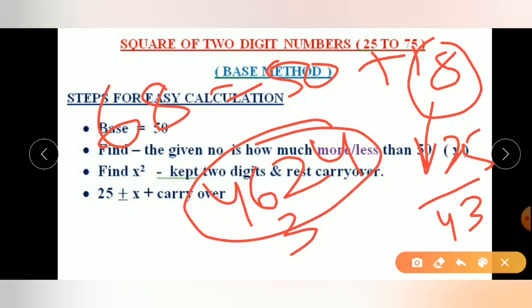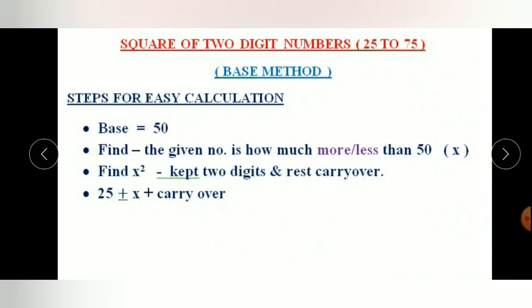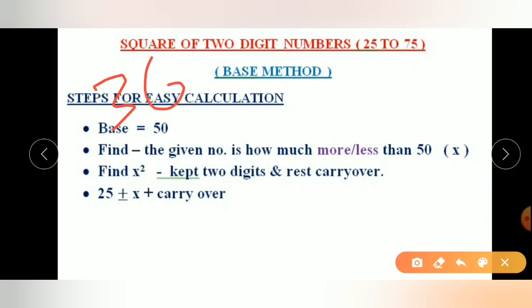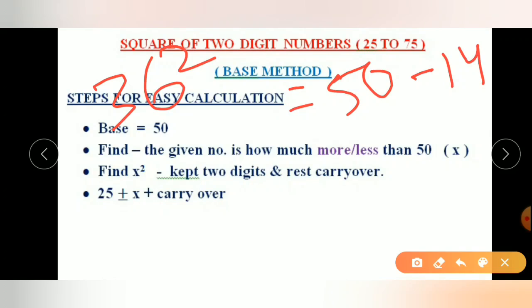Now let's try a lesser value. Square of 36. Here 36 equals 50 minus 14. So first of all, the square of 14 is 196, keep 96 and carry over 1.